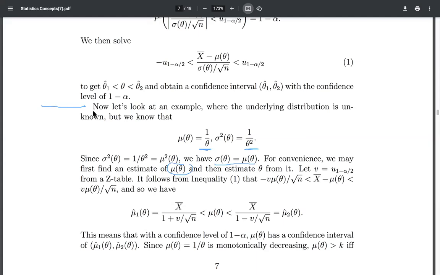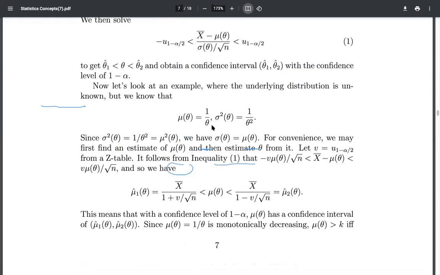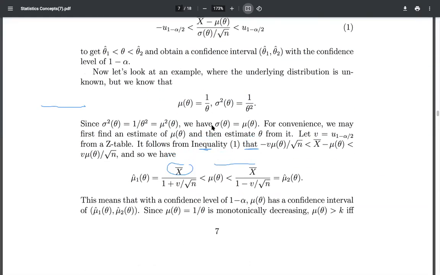All right. So according to what we did, we are using this. Now we know sigma theta is just mu theta. So then we can check the table to figure out this. This is what we want to estimate.